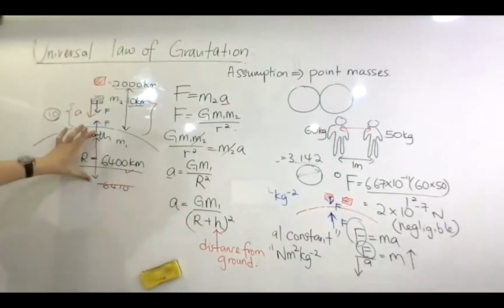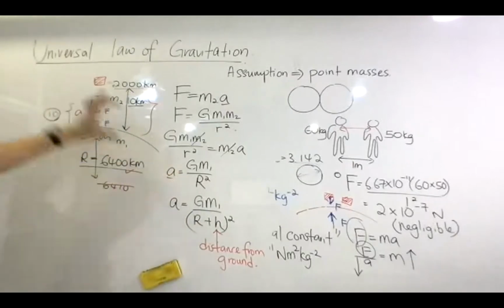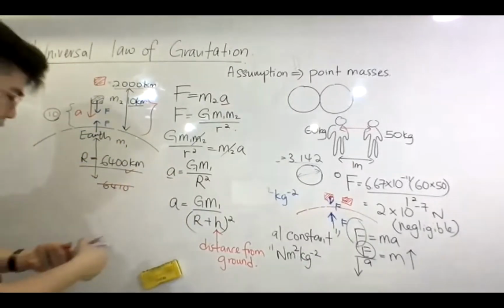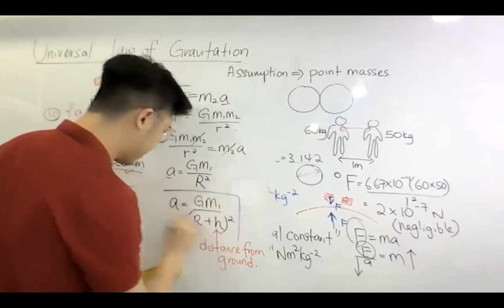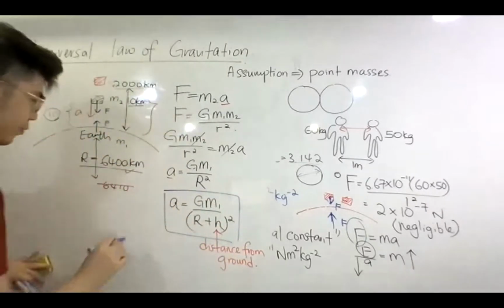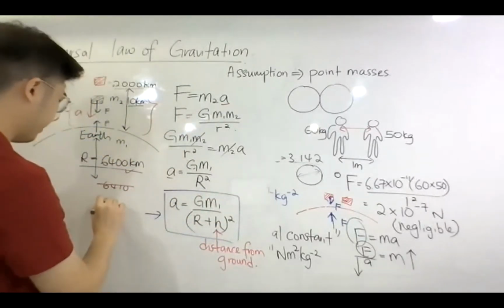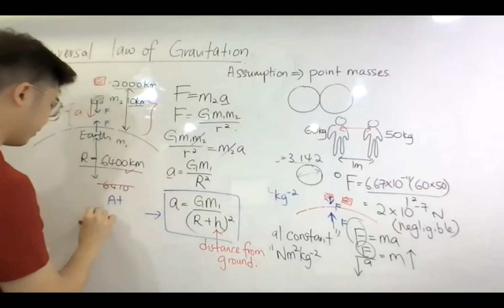Radius 加 distance. So you take this one. For this one, we take this one. Okay. Now here we got two formulas, right? This one we use it when the object is at significant altitude.